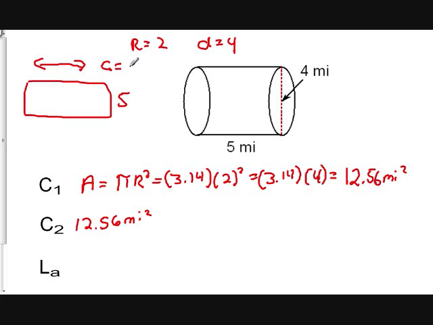which is circumference is equal to diameter times pi. So I'll do the calculation down here. Circumference is equal to the diameter, which is 4, times pi, which is 3.14.